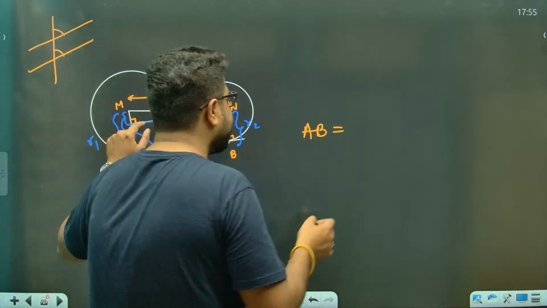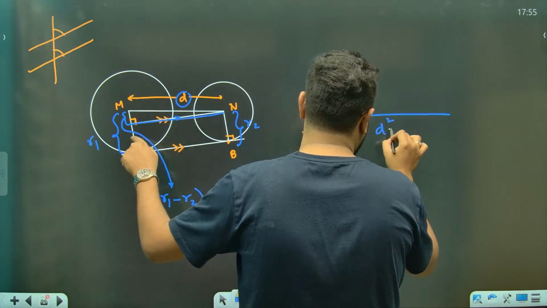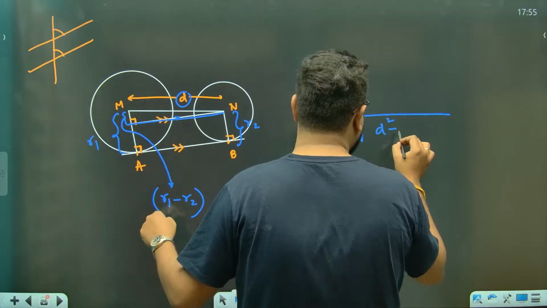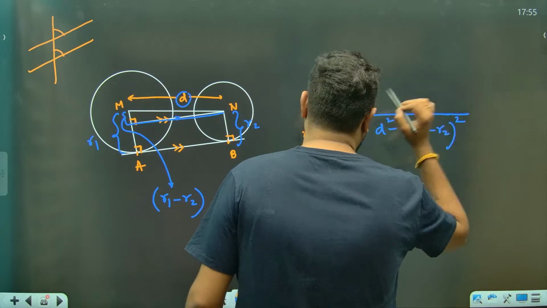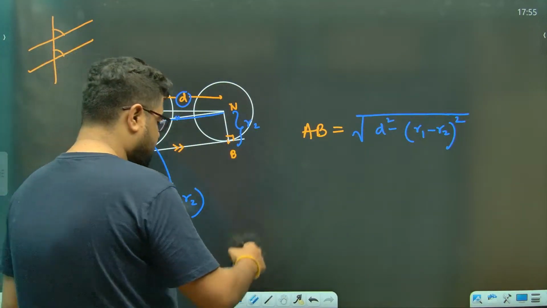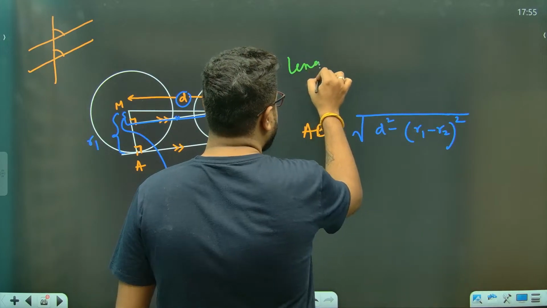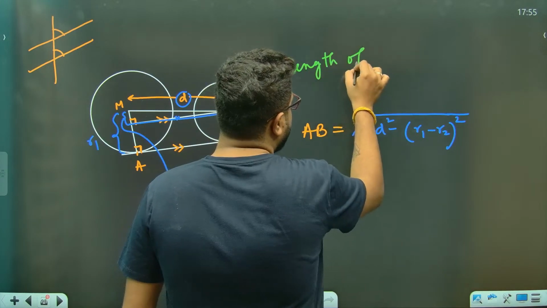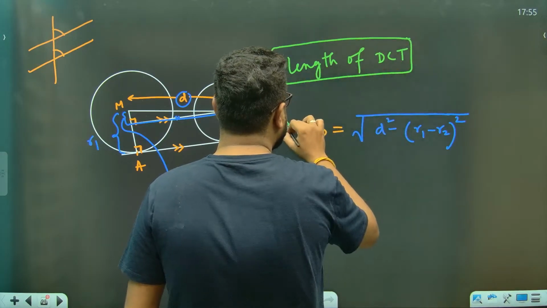Using Pythagoras, root over hypotenuse square minus this particular square, that is root over D square minus R1 minus R2 whole square. Perfect. This is your length of the direct common tangent, DCT.